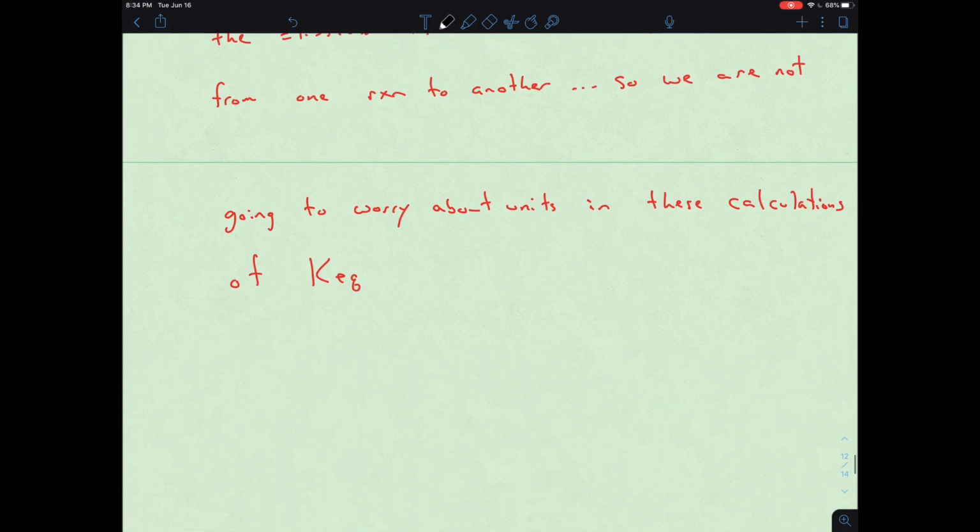So let's look at a couple examples, or really a few examples, of calculating K sub C as well as K sub P. But before we get there, we should really talk about the relationship between the two.